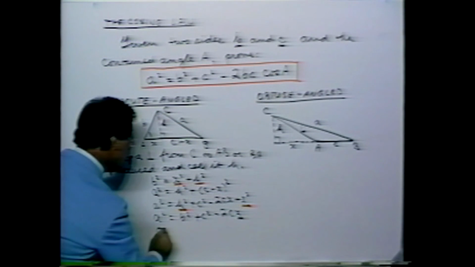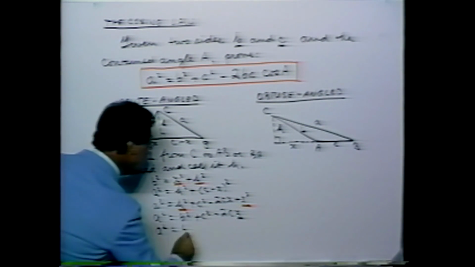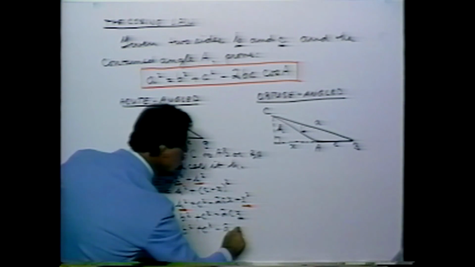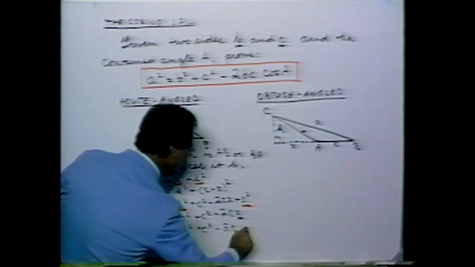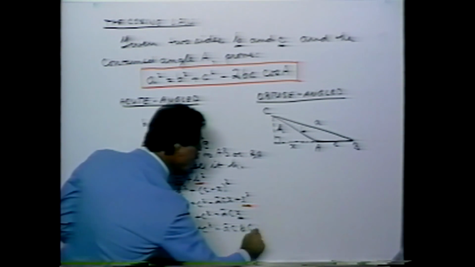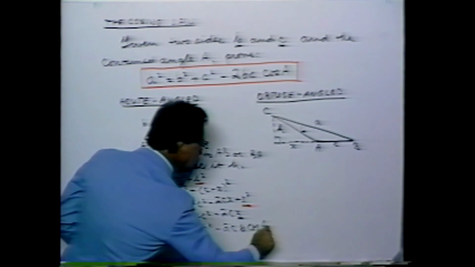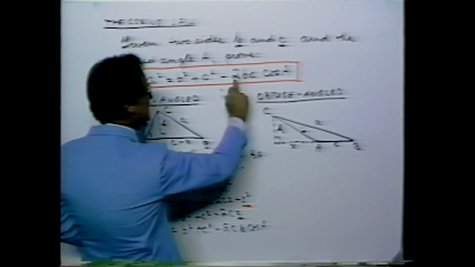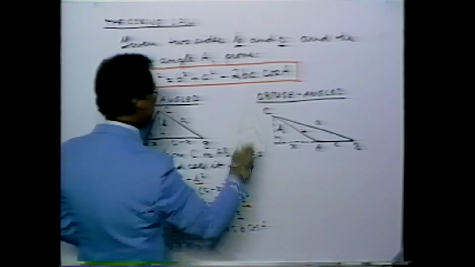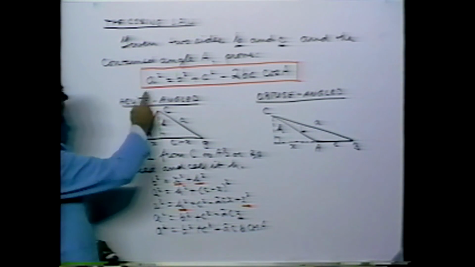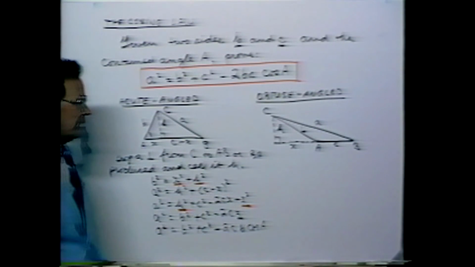In other words, a squared is equal to b squared plus c squared minus 2cb cos A. And 2cb cos A is the same as 2bc cos A. Proof is completed for the acute angle triangle.